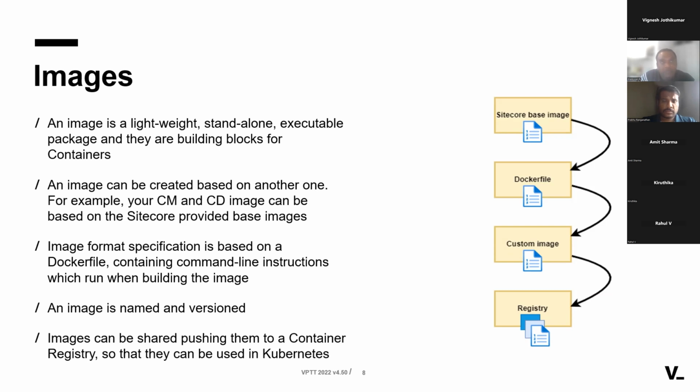As Sitecore developers, we have already started working with the Dockerfile, which helps us build the images. A Dockerfile is nothing but line-by-line command line instructions that get executed when we actually build the Sitecore images. It is possible to build an image based on multiple other images, and we can add as many layers as possible.